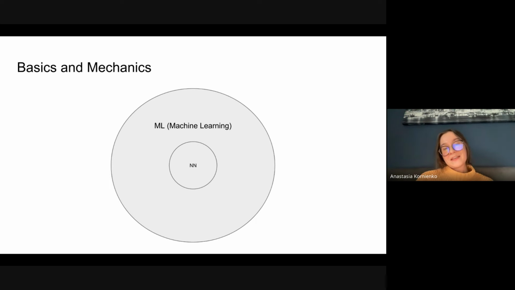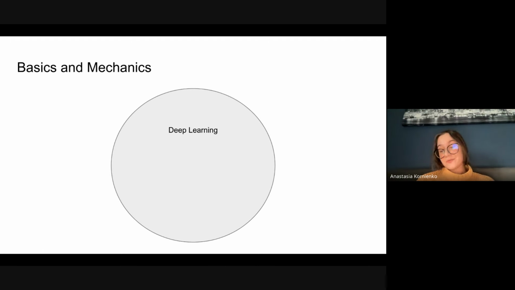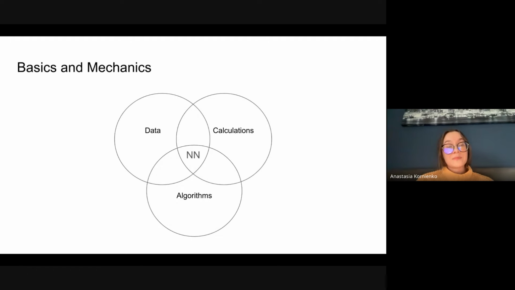AI includes machine learning, and machine learning includes neural networks, and then neural networks include deep learning and deep neural networks.